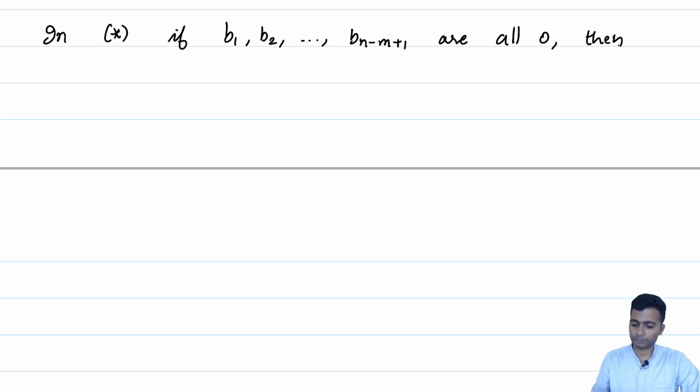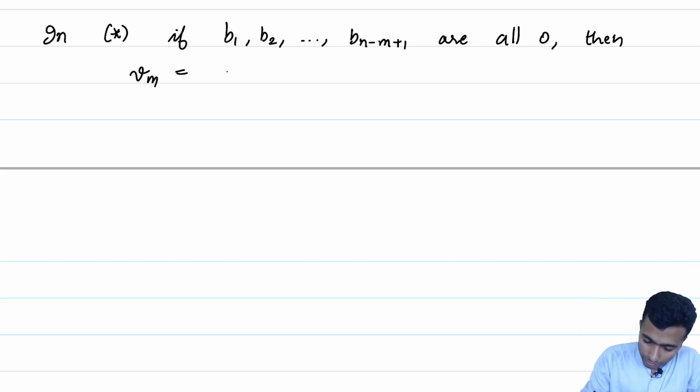then yet again Vm would be equal to a1 v1 plus a2 v2 up to am minus 1 vm minus 1.